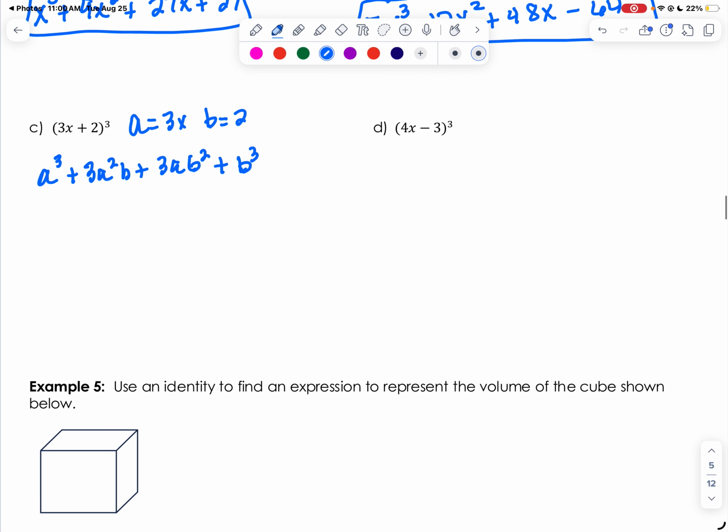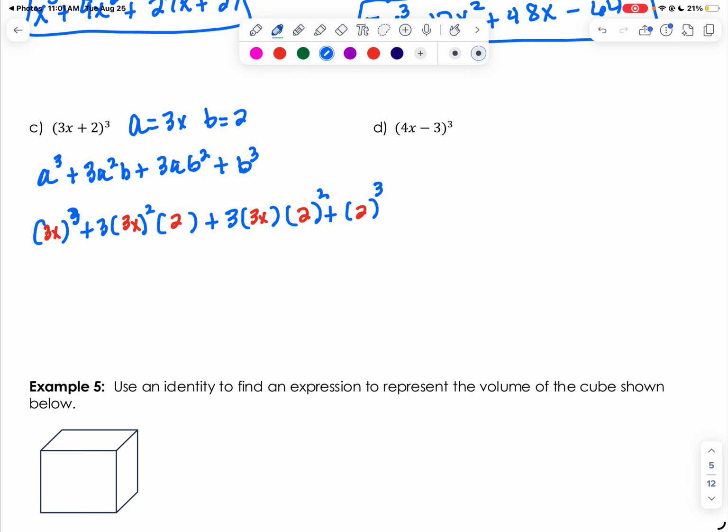Now I'm replacing the variables with parentheses. And I will plug in a 3x here, here, and here, and a 2 here, here, and here.